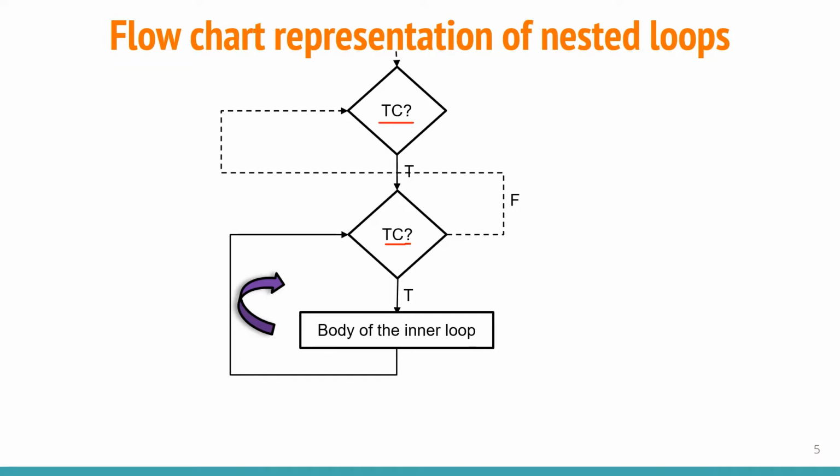If the test condition in the outer loop is true, again the test condition for the inner loop gets checked. If it is true, again it executes. So this cycle repeats until the test condition becomes false, and then when finally the test condition of the outer loop becomes false, the control will totally come out of the outermost loop.